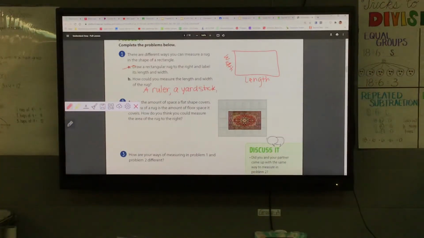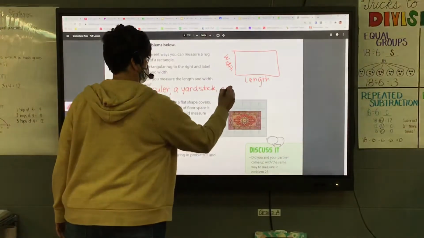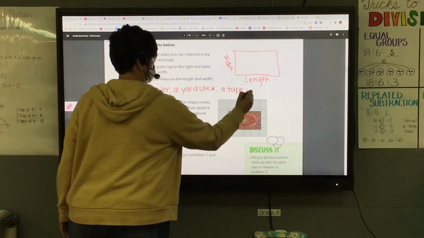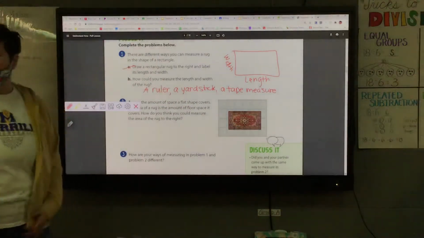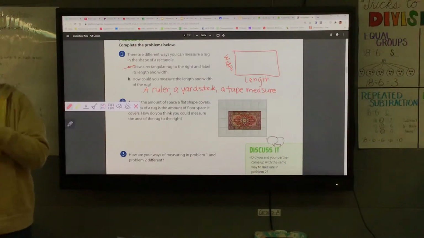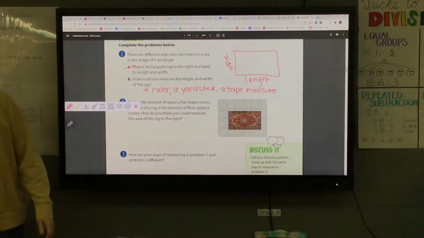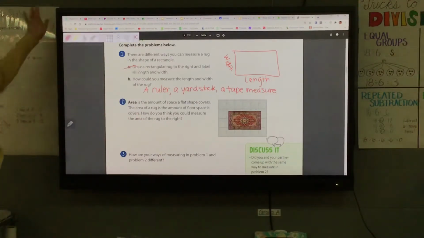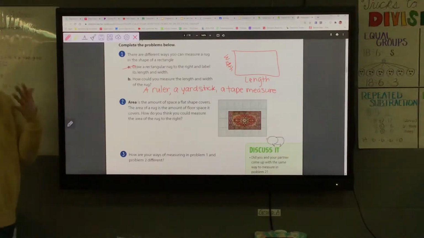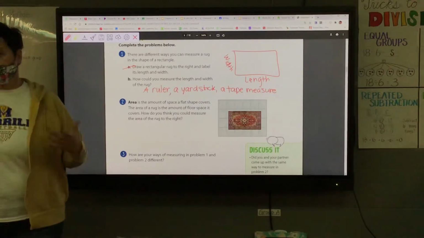Could you use a tape measure? Do you guys know what a tape measure is? The tape measure is the one that you pull out of the little container and it stretches way out. It's like a ginormous ruler, isn't it? Okay, so those are ways that you could measure the length and width of a rug.